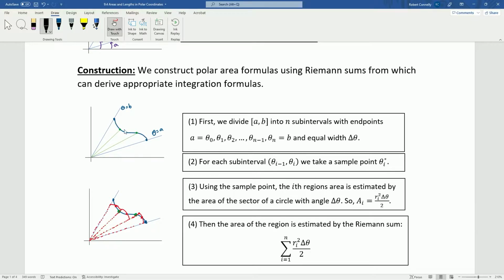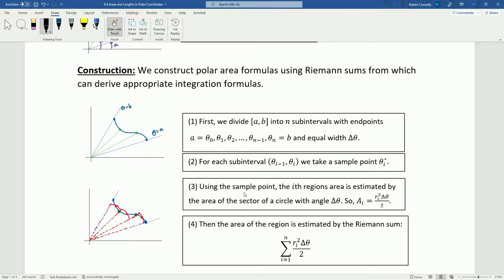So 3 subintervals with 4 points along those intervals. And then for each subinterval, we take a sample point. We'll call it theta sub i star. So in the case of this picture down here, I've taken each subinterval and plotted a point in the center of that subinterval.